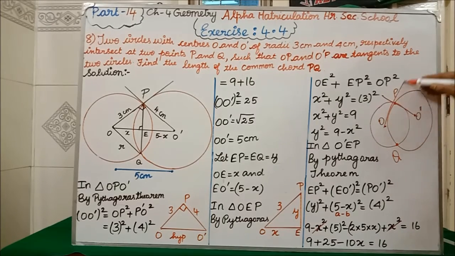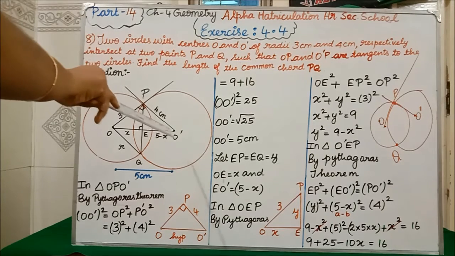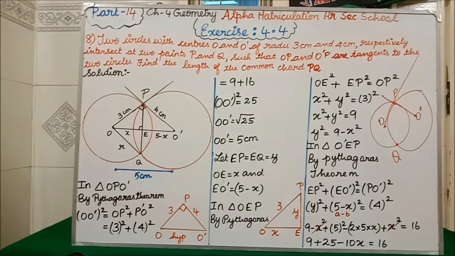Similarly, OP is the tangent. If you see here, it is touching. Clear? Can you see it there in the diagram? O dash P and OP are the tangents to the two circles.